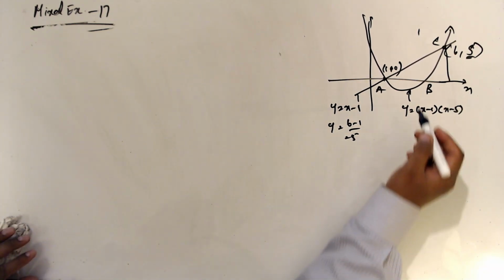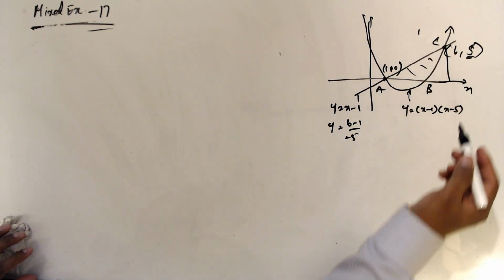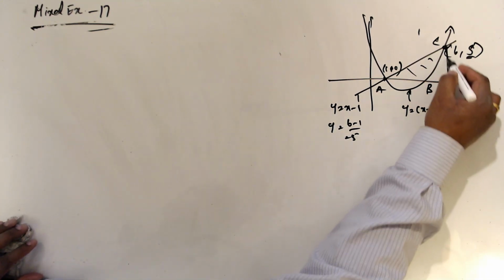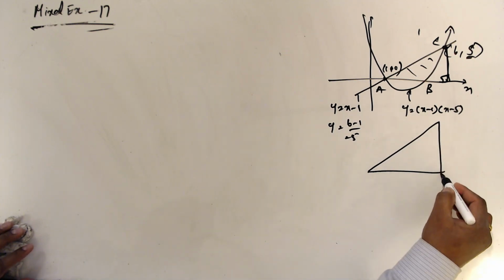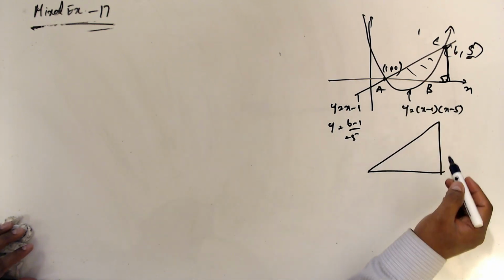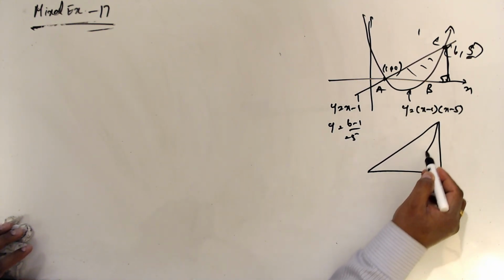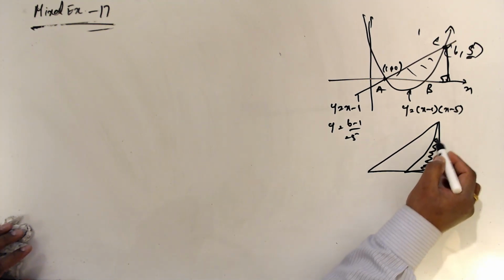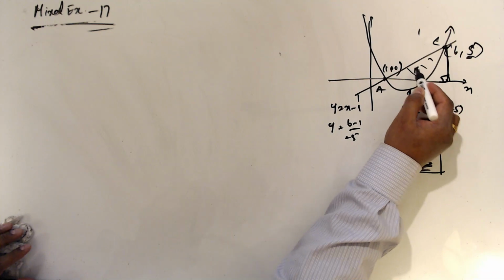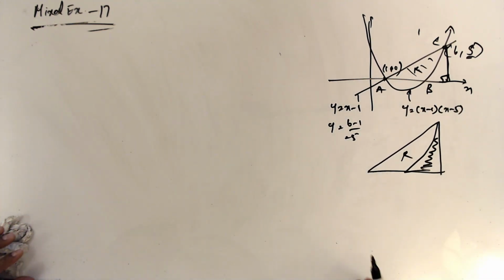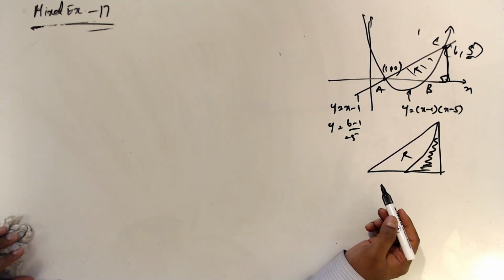Now we want to find this area. It means this is a triangle. So we want to find the triangle, and then we want to take this area out. Then we will get this part. This is R. So first of all, find the triangle.